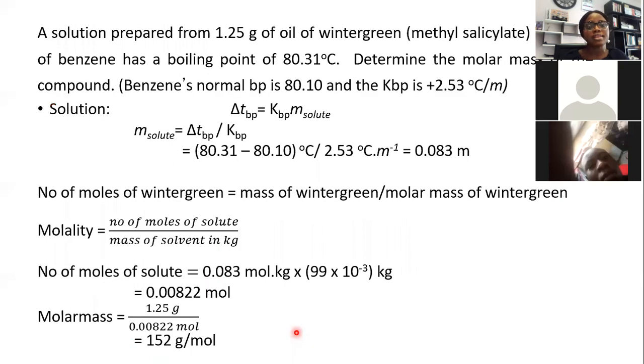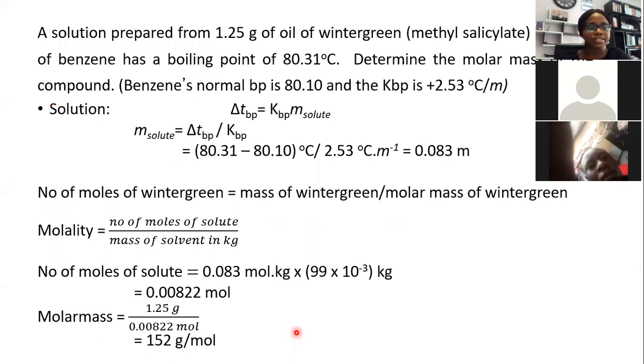Now, the second question, the second example, this is on boiling point elevation. When we started talking about the effect of this mixture on the boiling point of the solution.